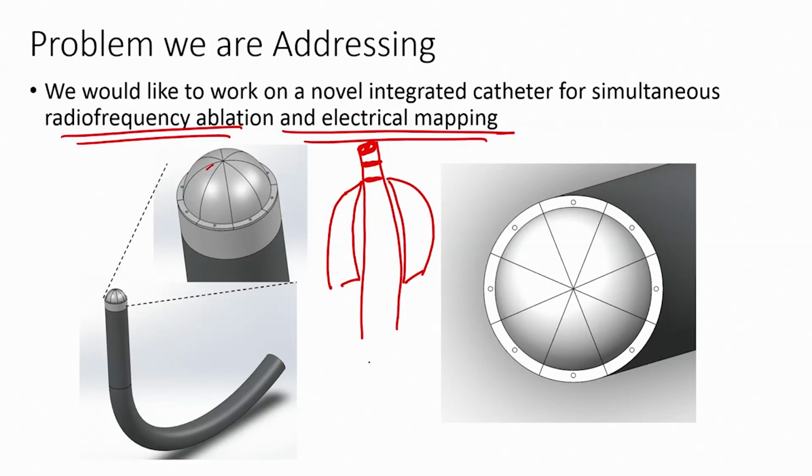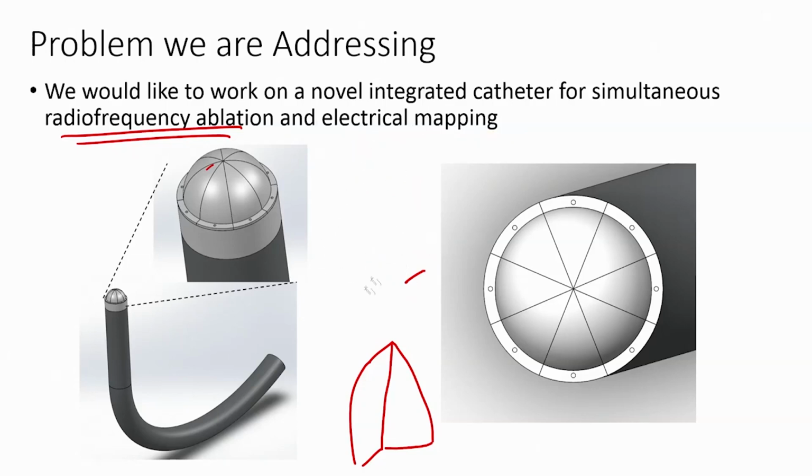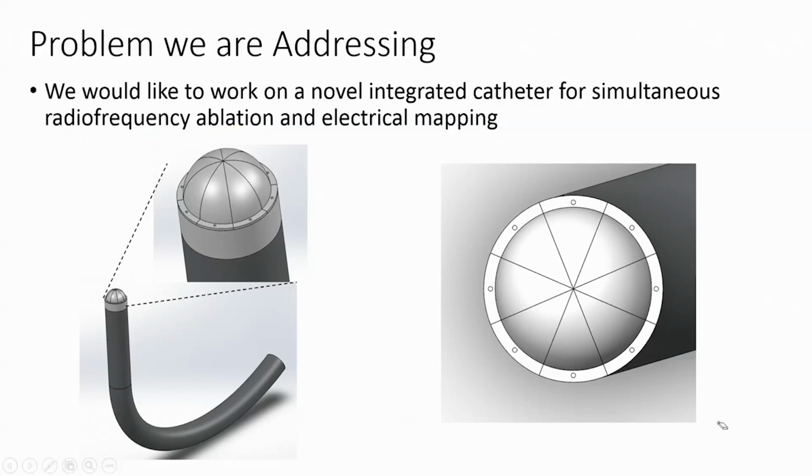When we do not require electrical mapping or we are done with it, we can close this dome shape structure again and the catheter will move down, right. That is our interest. Of course, the schematic is not so cool, what I have drawn, but that is what we want to show. So, point is this is what we are addressing.